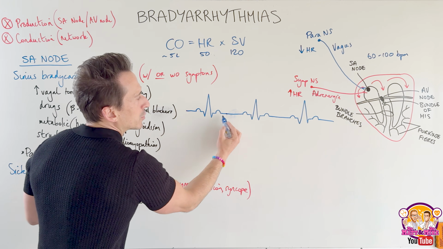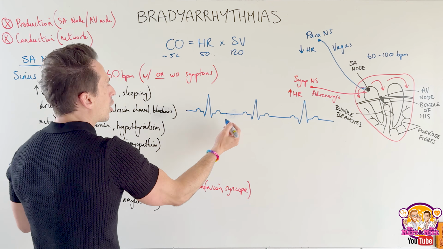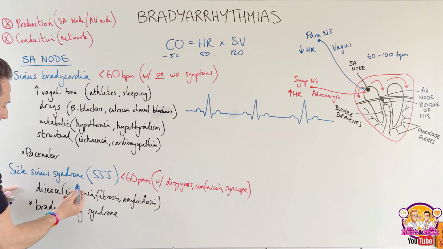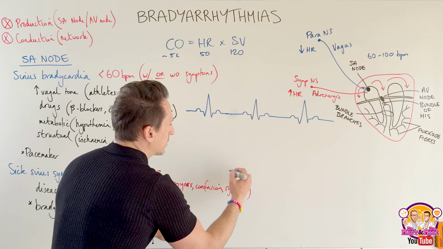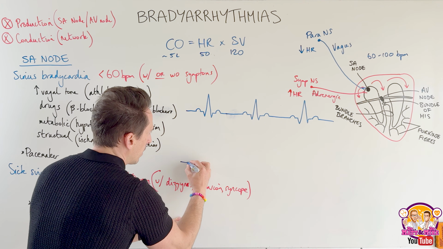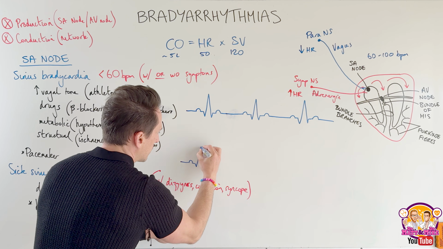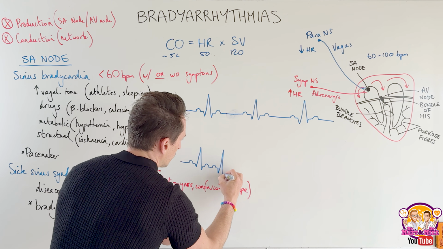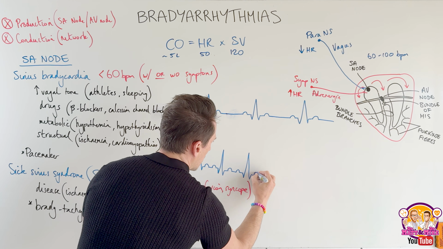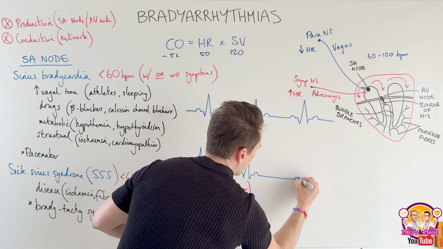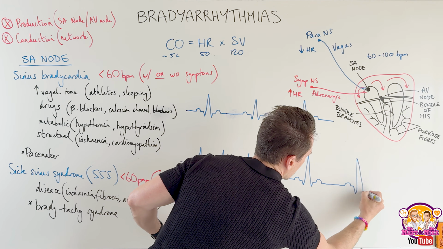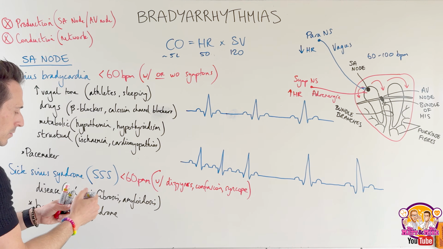The spacing between is regular. That's a sinus bradycardia. But a sick sinus syndrome, such as a bradytachy syndrome or a tachybrady syndrome, it's going to be something like this, where it goes real fast, and then all of a sudden, real slow. And you're going to have those various symptoms associated with it.